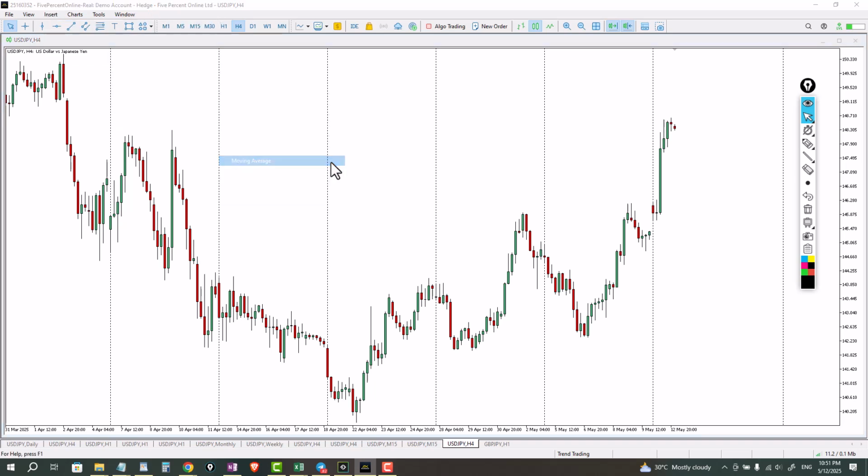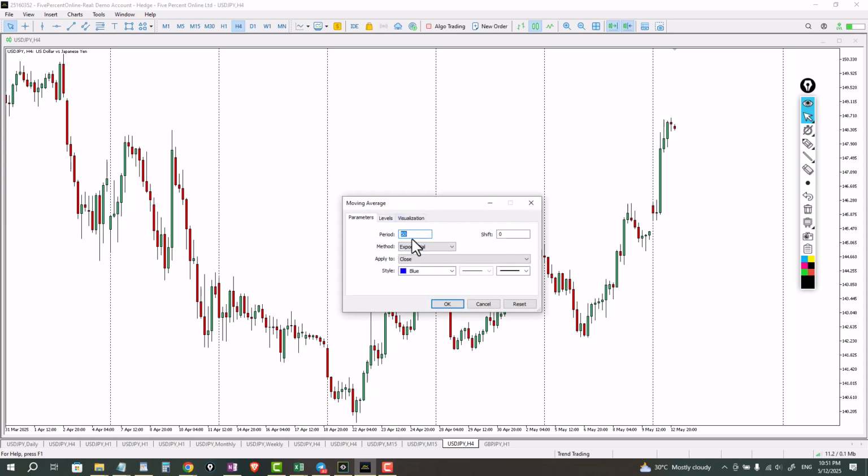Once you see that, just click on it, and here where it says period, it's simply asking you how many candles you want to use in your calculation of this particular moving average. Like we used in our example, we used 100 period. So 100 candles, 100 closing prices, if you're using the closing price to calculate it. In this case, we're not using anything fancy. It's not an exponential moving average or a smoothed moving average or a linear weighted moving average.